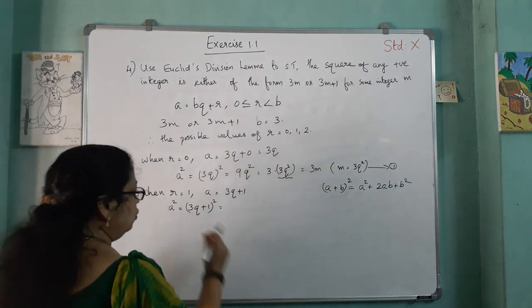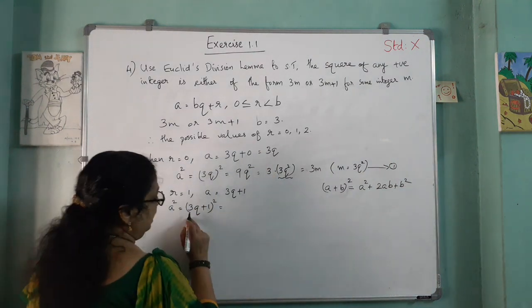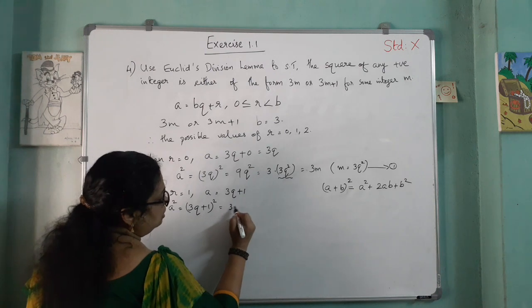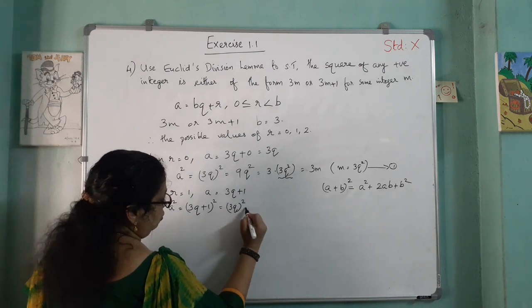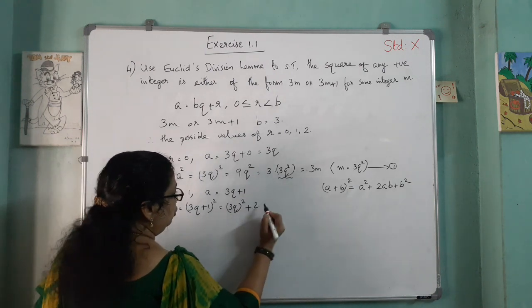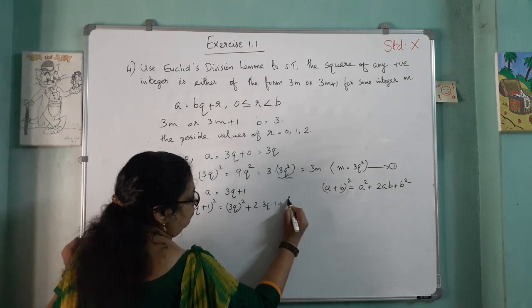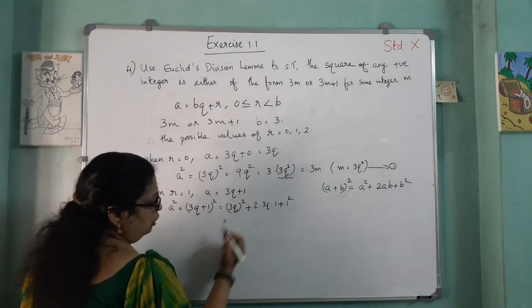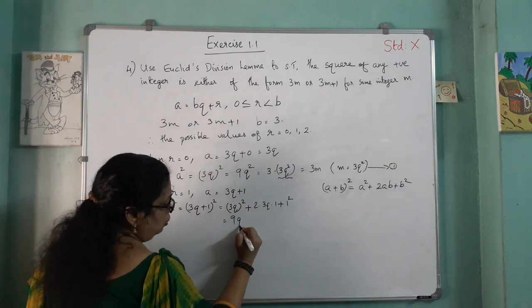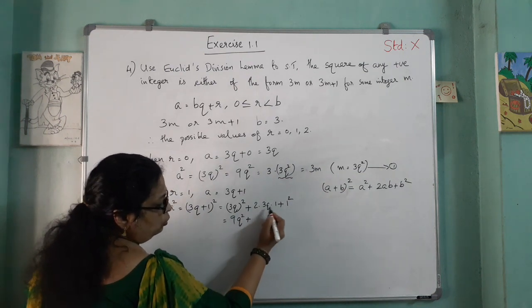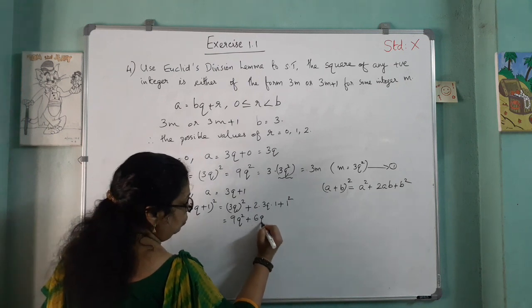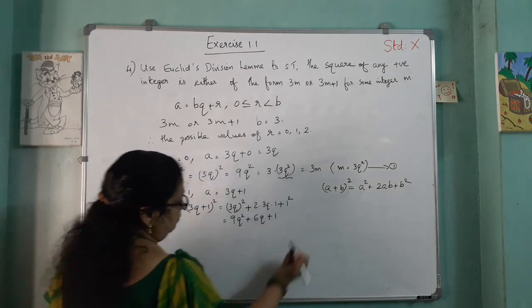So that is 3q the whole square plus 2 into 3q into 1 plus 1 square, which is equal to 9q square plus 6q plus 1.